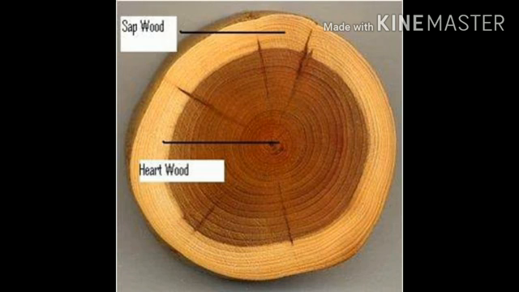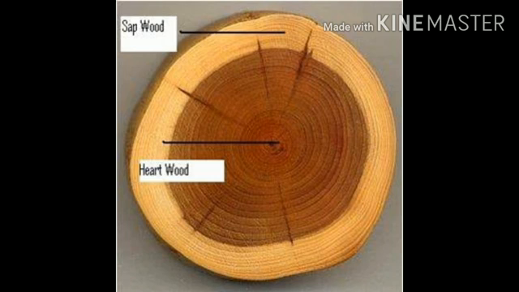Actually, what happens is that wood is the secondary xylem of plants. So as the tree ages, certain permanent changes take place in the wood, such as the inner part of the wood becomes darker, as you can see in the picture, and the peripheral part of the wood is light in color. So the darker region is known as heartwood and the lighter colored wood is known as sapwood.